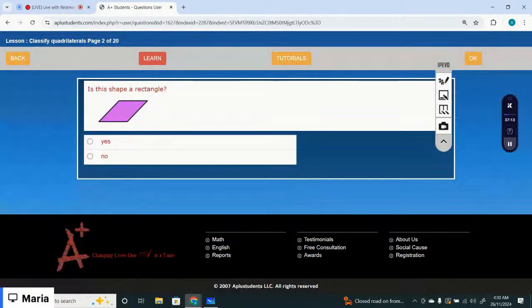Is this shape a rectangle? No, that is not a rectangle.